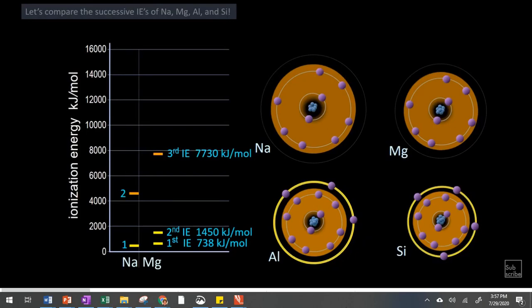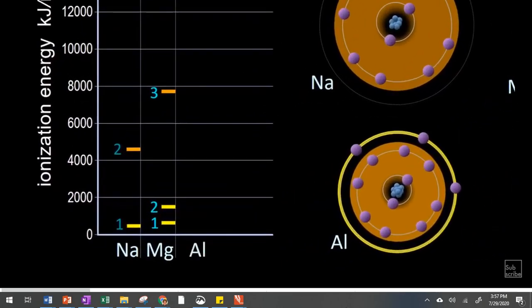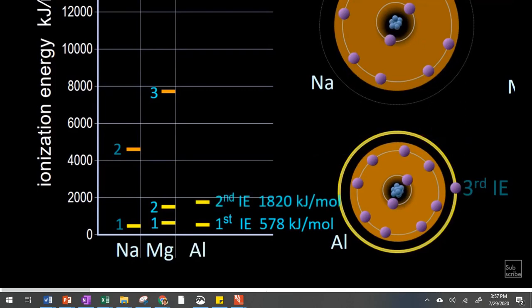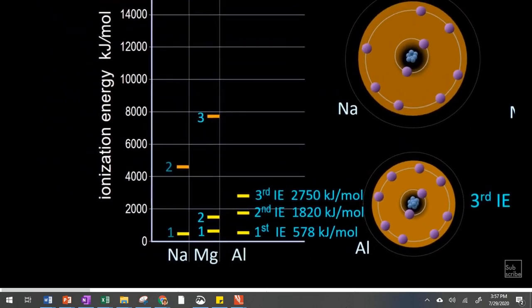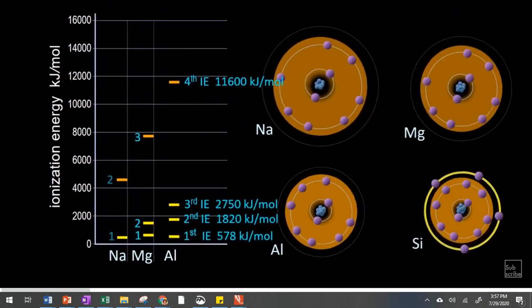What will happen to their ionization energies once they have lost enough electrons to get to a noble gas electron configuration? For aluminum, the first, second, and third IEs are relatively low. Those three ionization energies have removed all the valence electrons. The fourth IE removes an electron from the core electrons, a neon configuration, requiring a big jump in energy.